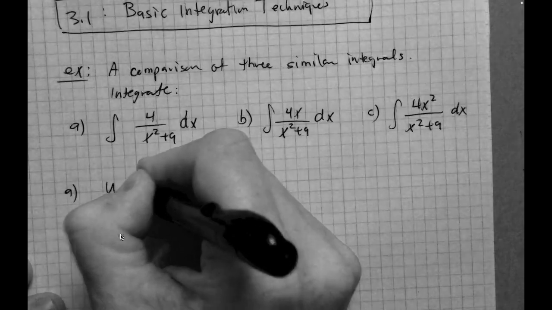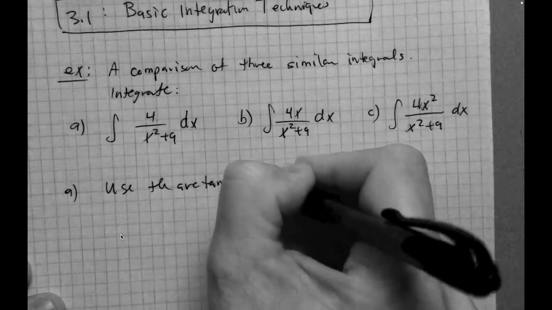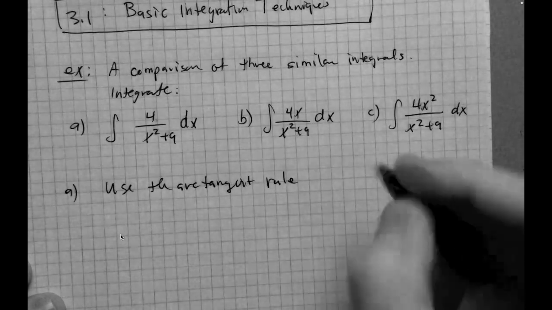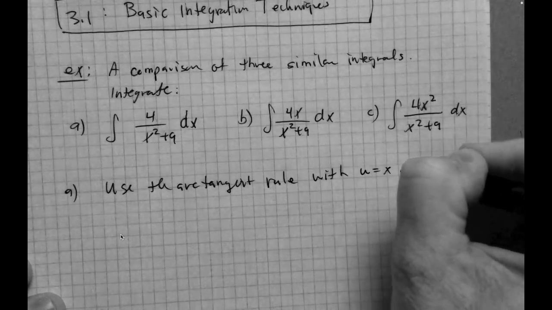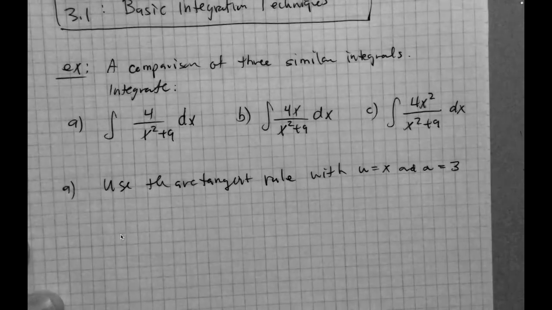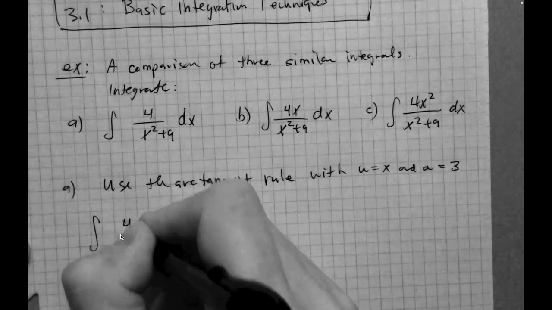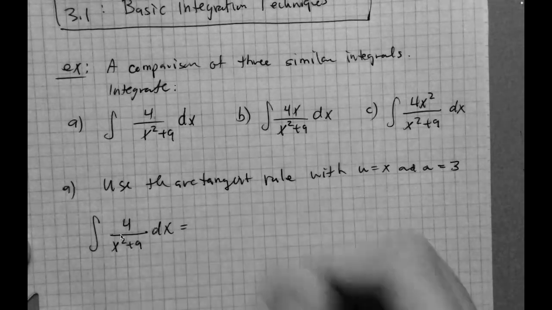So for this one, we'll use the arctangent rule, right? And here we'll let u equal x and a equal 3. All right, so if that's the case, then we'll just write this out quick. This is x squared plus 9 dx.